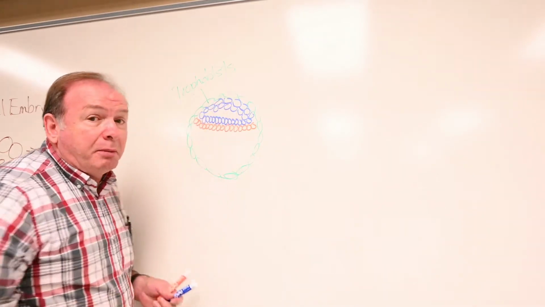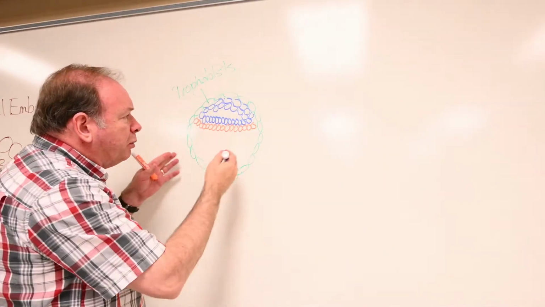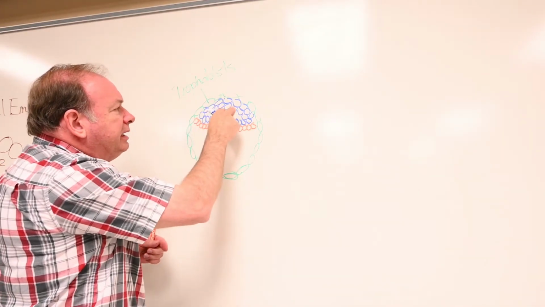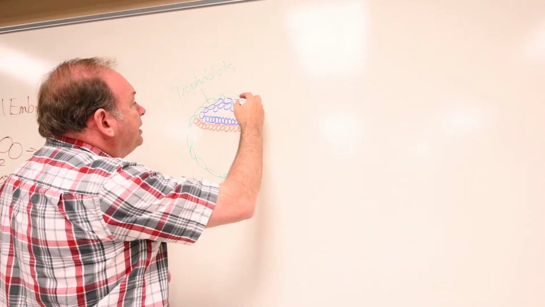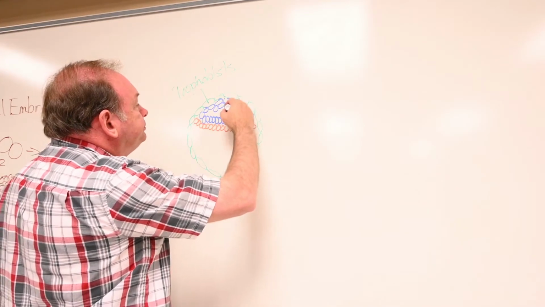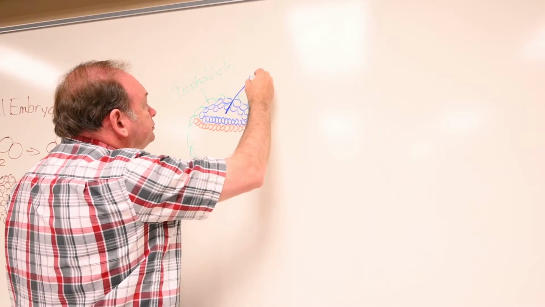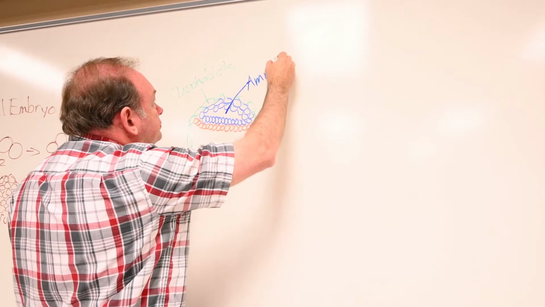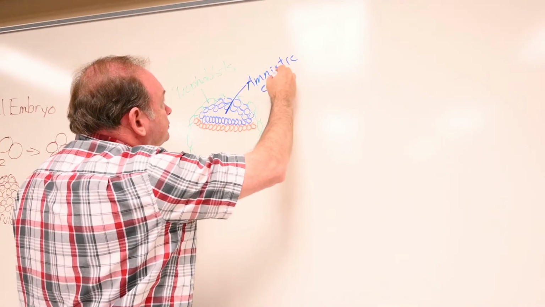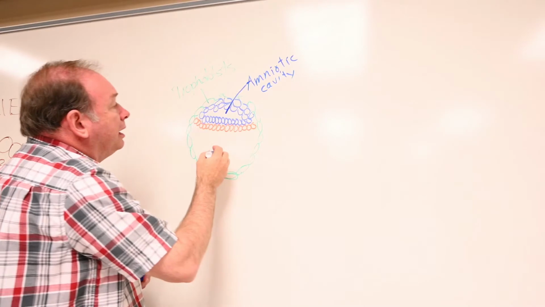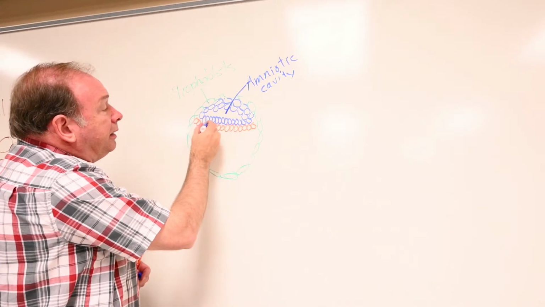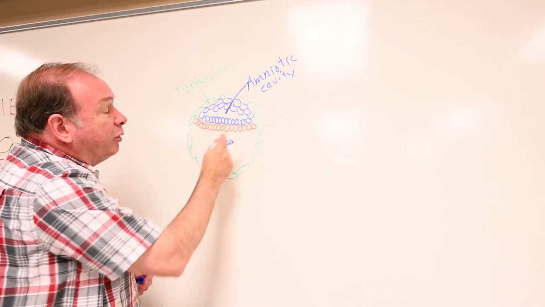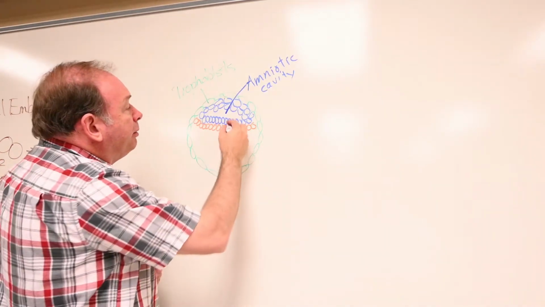The inner cell mass is now changed somewhat. We've got a cavity developing inside that inner cell mass, and that is going to be the amniotic cavity. There's a layer of cells here that will form the ectoderm of the embryonic disc.